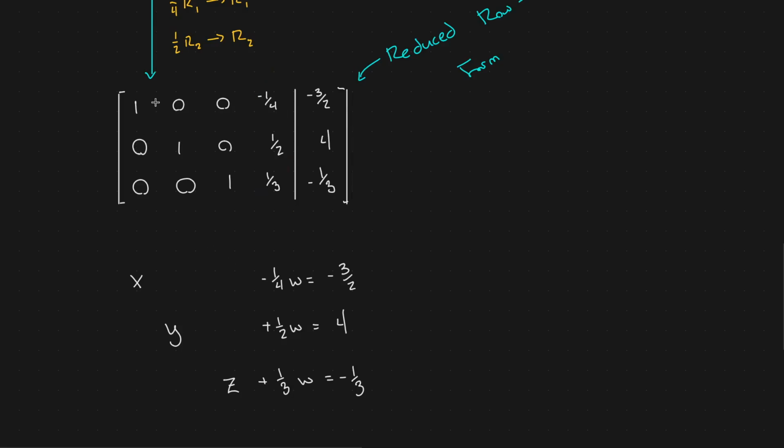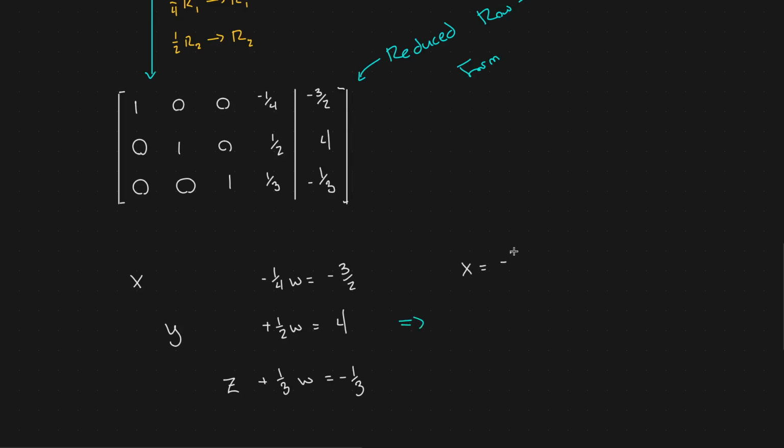So variable X, which corresponds to the first column, has a leading entry. Variable Y, the second column, has a leading entry. Variable Z, the third column, has a leading entry. But variable W doesn't have a leading entry. And so it's going to be very easy for us to express X, Y, and Z in terms of that variable W. Let me show you.